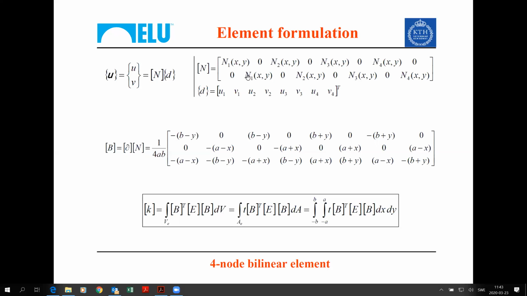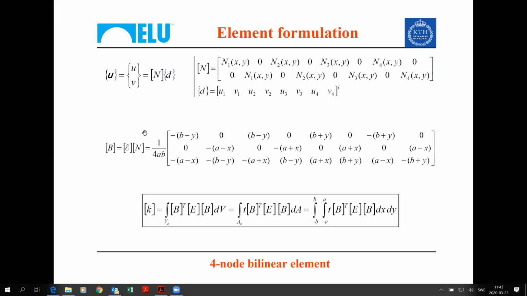Then 0 and N1, 0 and N2, 0 and N3, 0 and N4, because these will have to multiply v1, v2, v3, and v4.